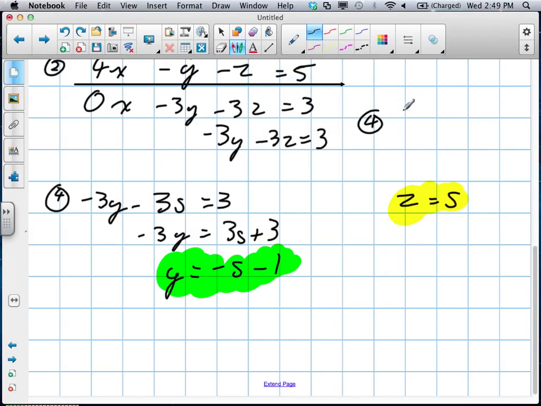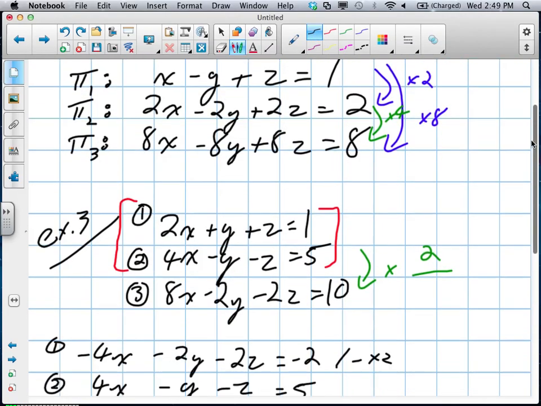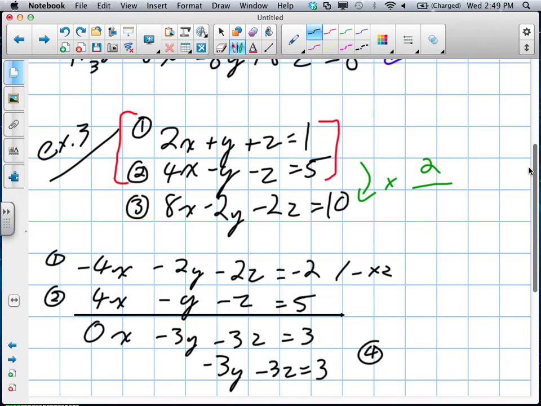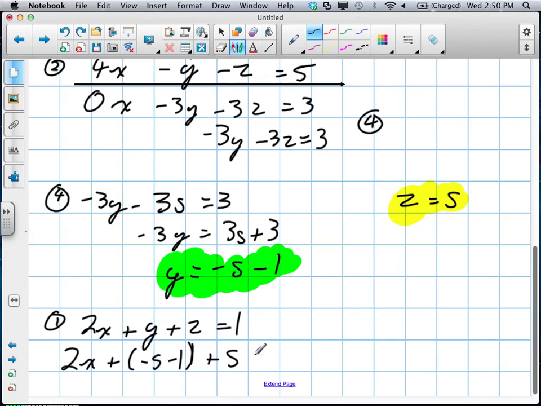We then go back to the very first equation that they gave us, 2x plus y plus z equals 1, and we're going to plug these values in. So 2x plus y, which is -s minus 1, plus z, which is s, equals 1.